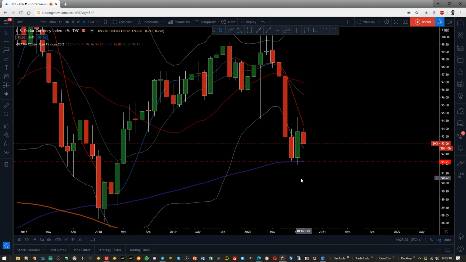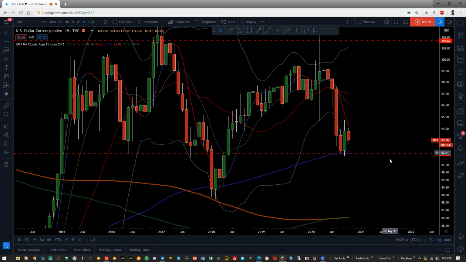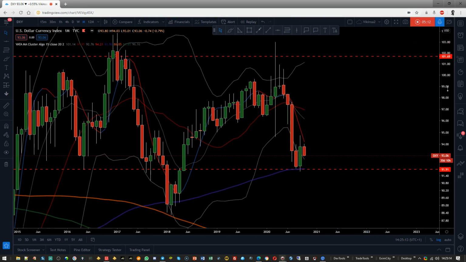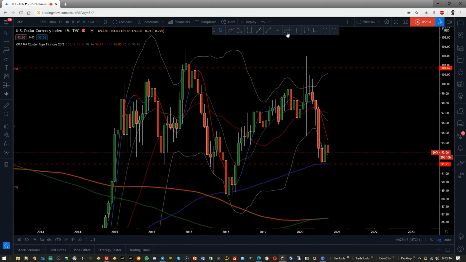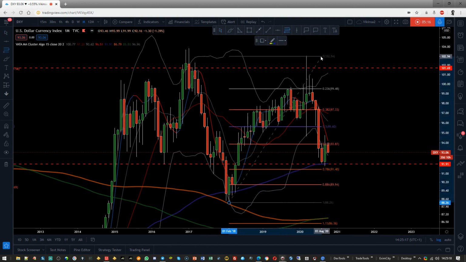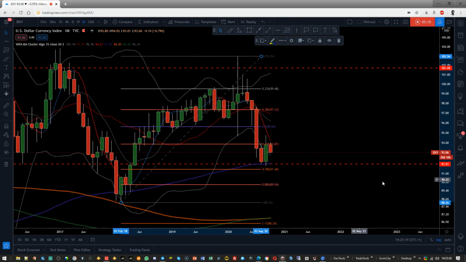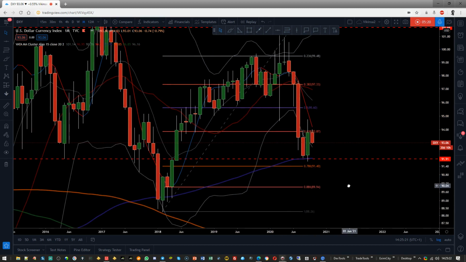The reason is that if I draw Fibonacci here, the market came very close to 78.6 but never actually touched it. So this can be an important level for us, because the market may want to come there and touch it before it starts to go heavily upwards.